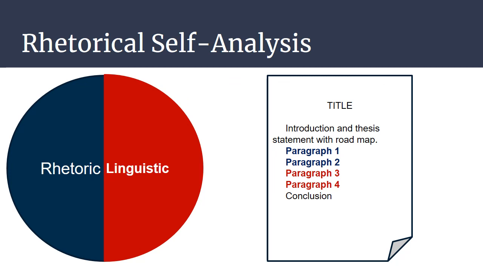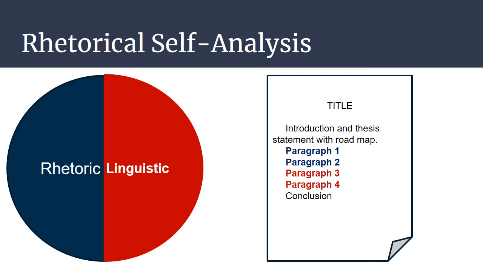So your rhetorical self-analysis could be about a few pages long, maybe about 2 to 3 pages, and you'll have a title, your name at the top, of course, all that. Then you'll have an introduction where you introduce the purpose of your paper, which is to better understand your ability as a writer. And you'll include a roadmap with your thesis statement, okay, where you'll make some kind of argument about your writing.